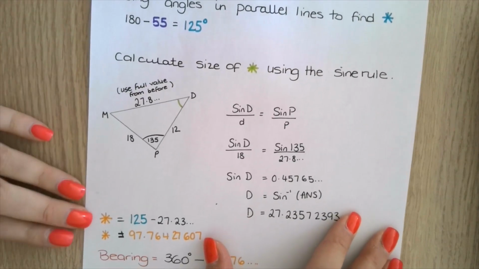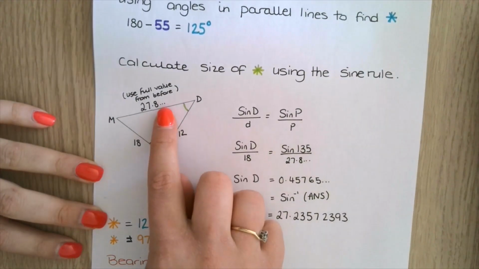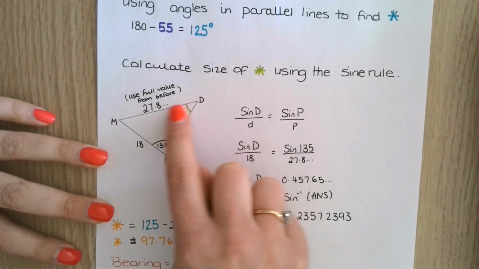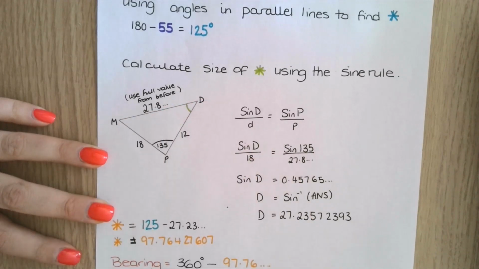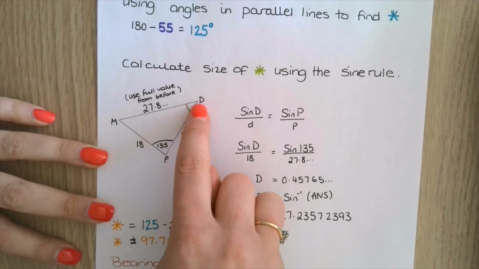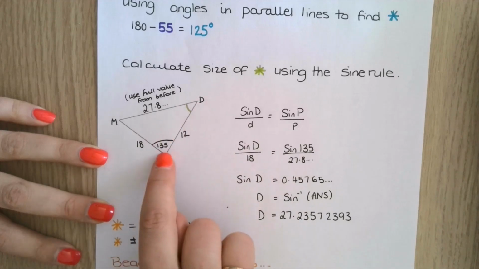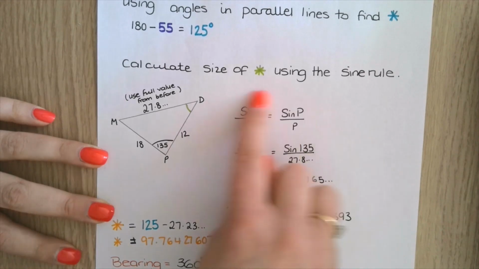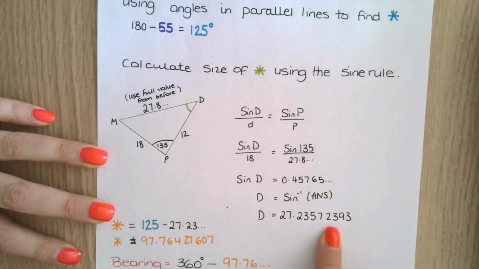So to find the value of the green part that I drew, we've worked this out from part A, and that's the value that I got previously. I'm just going to make sure I use the full value. I use a sine rule because I have got this pair of opposites, the capital angle and the lowercase side here, so I'm just going to use my sine rule to work out the value of this angle here.